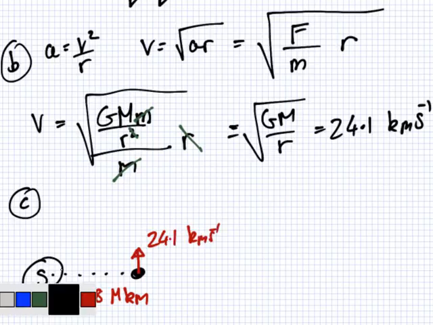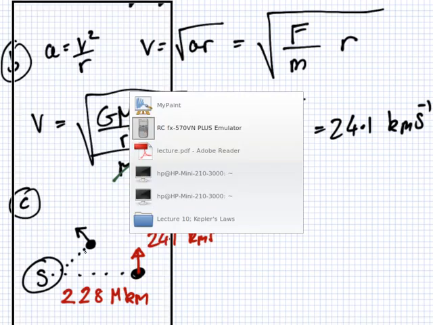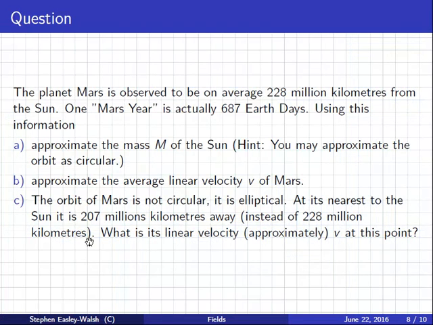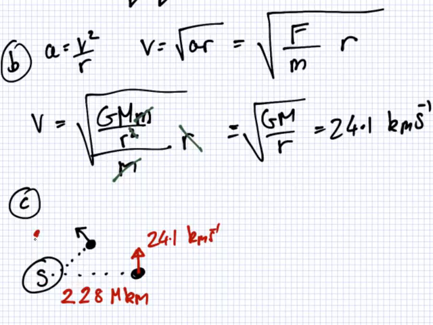Now, when it's closer to the Sun, will it be going faster or slower? Faster. So the next part is when it's 207 million. It should be going faster. We'll call it speed v, and v is what we want.